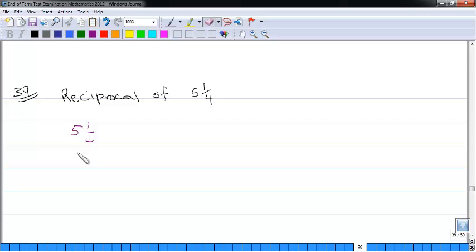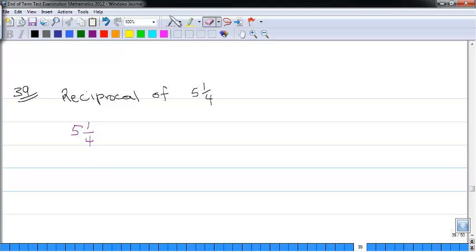Number 39. Number 39 asks us to find the reciprocal of 5 1/4. One quick way of explaining what the reciprocal is: the reciprocal is a number that when multiplied by 5 1/4 will give us a product of 1. So at the end we can test to see if that is so.